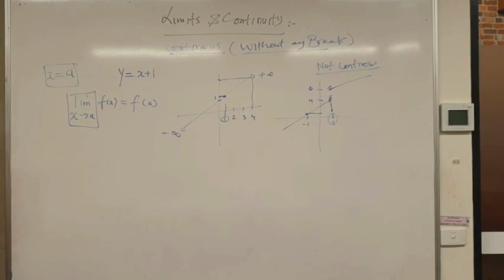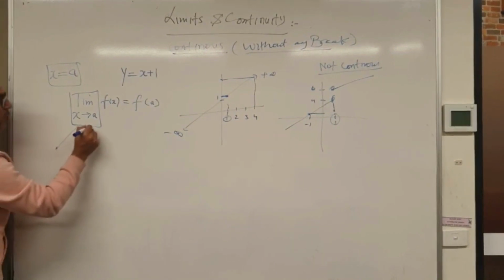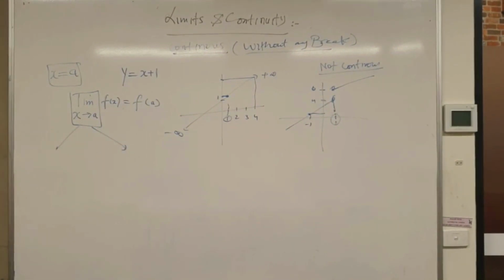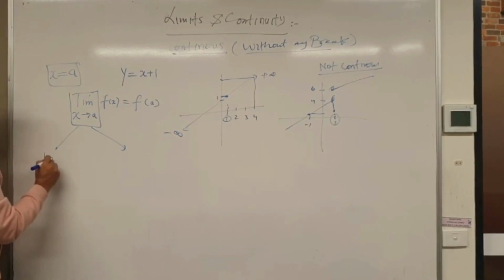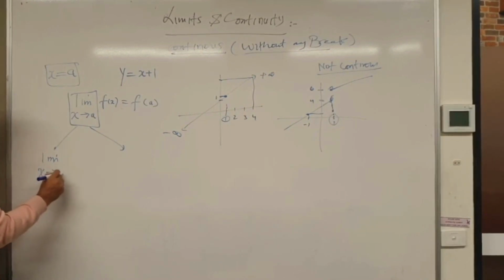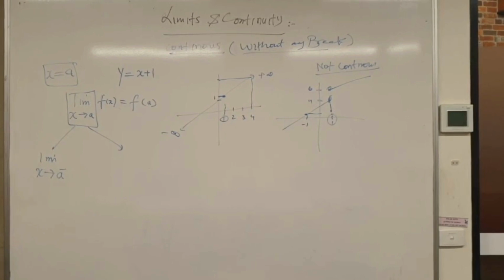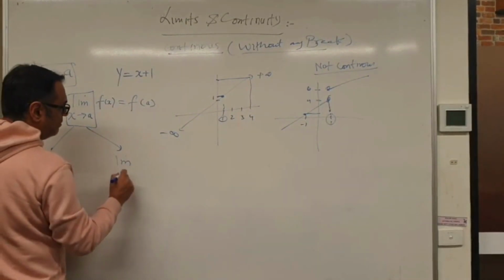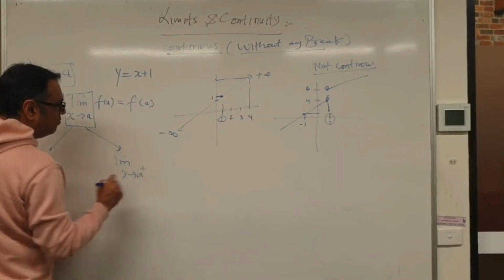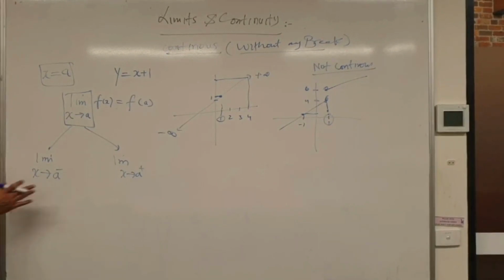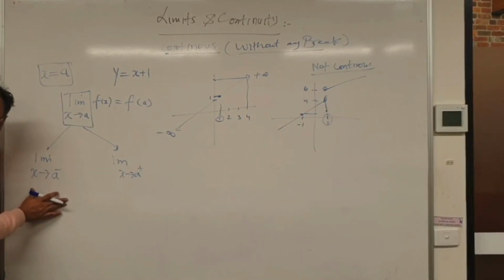This has two branches, the left limit and the right limit. Both should be equal.